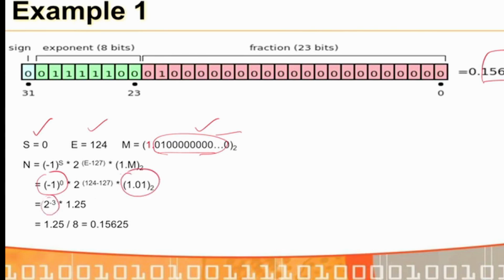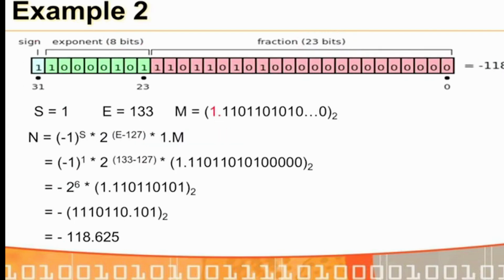If you convert 1.01 from binary to decimal, it is 1.25. So 1.25 divided by 8, because 2 power minus 3 is 1 by 8, so this is 0.15625. Right. So this is how 0.15625 will be represented. So you have a 23 bit mantissa, an 8 bit exponent and a sign bit.